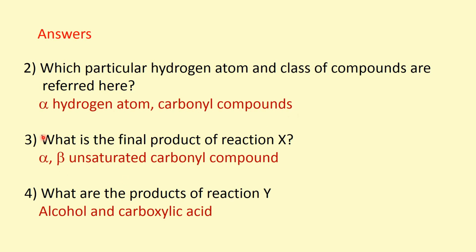Question number 3. What is the final product of reaction X? X means aldol condensation, so the final product is an alpha beta unsaturated carbonyl compound. And the last question, what are the products of reaction Y? That means what are the products of the Cannizzaro reaction?